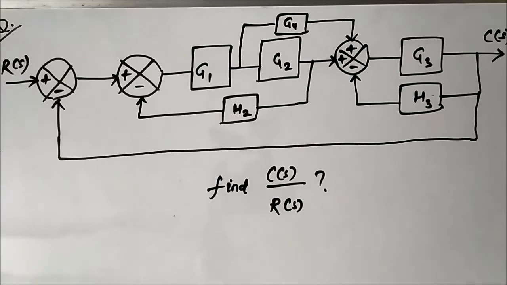I have already posted a video about the basic rules of block diagram reduction, the techniques used for simplifying a complex block diagram and determining the transfer function of the system. There are, I think, 12 to 14 rules which are to be used to simplify a block diagram.